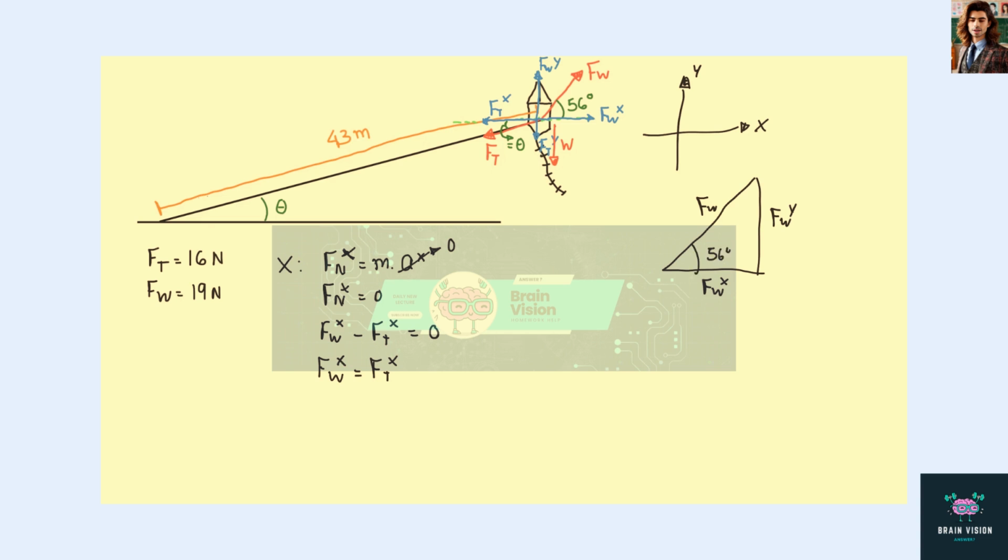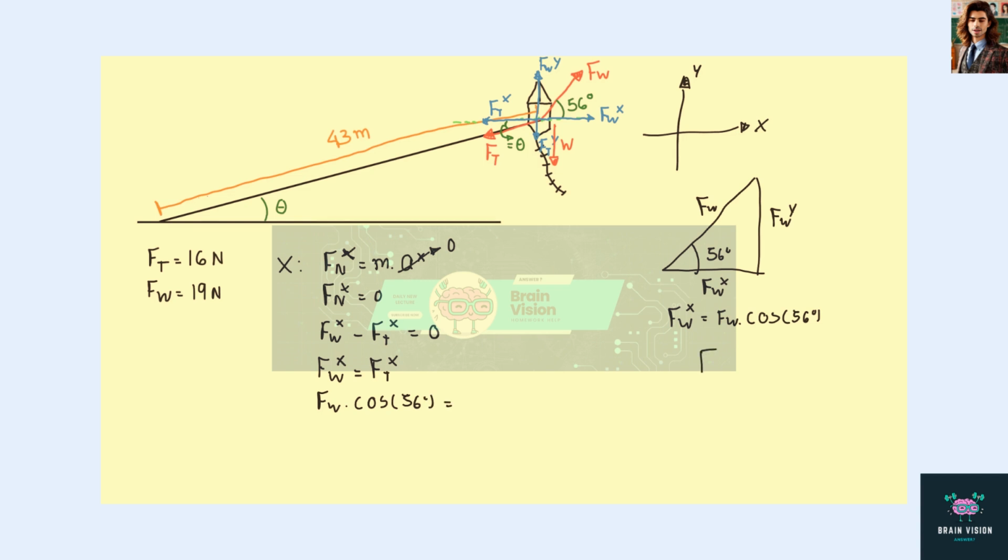Then, note that the x component is the adjacent side to the 56 degrees angle. Therefore, Fw component x is equal to Fw times the cosine of 56 degrees because it's the adjacent side. So, wind force times cosine of 56 degrees is equal to the tension force component x.